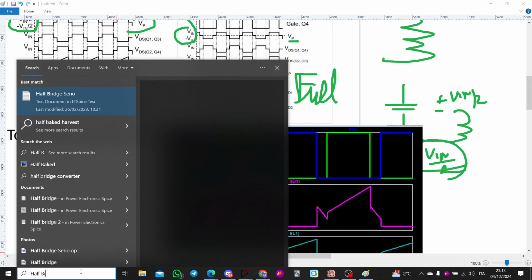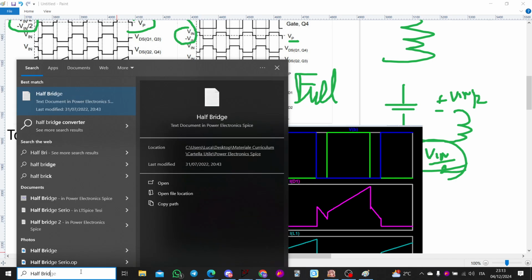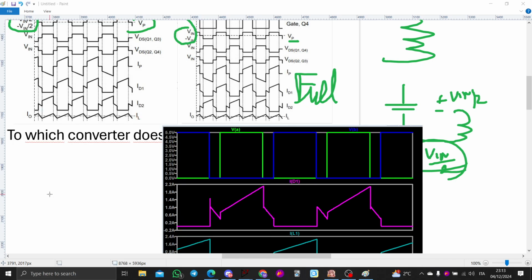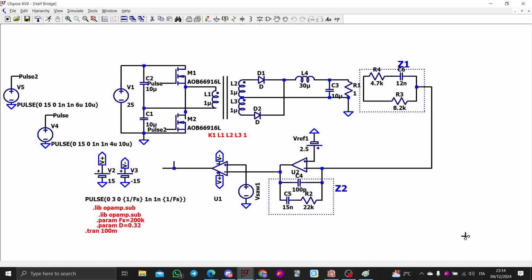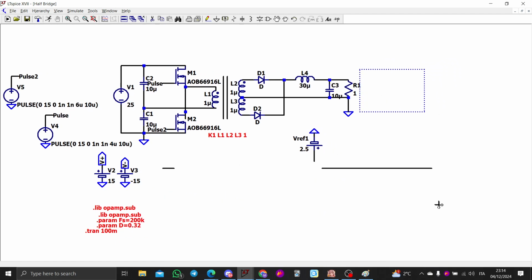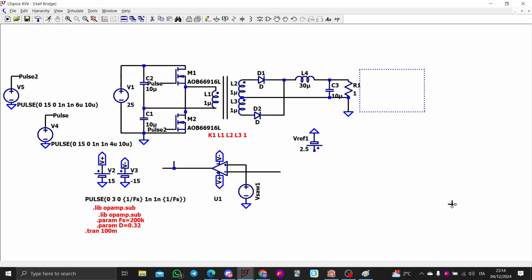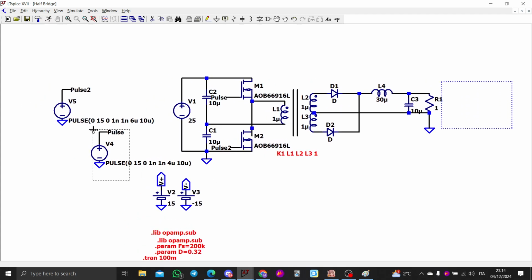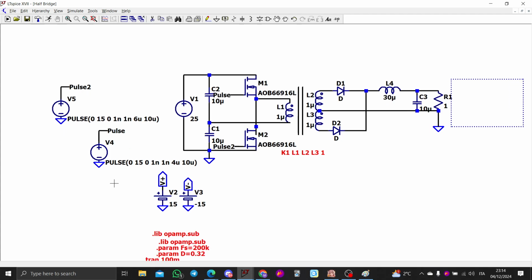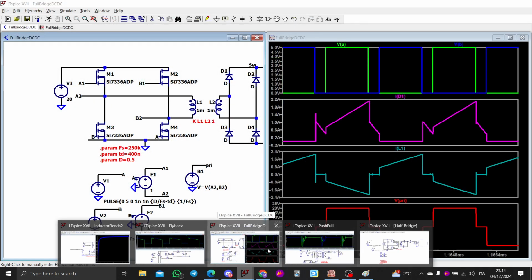So if I write here half bridge, I surely will have a half bridge in my spice. I don't know why I put this guy over here, honestly. There is no dead time, so I don't like it. Maybe this is a very odd simulation.